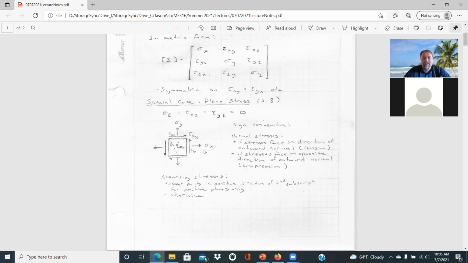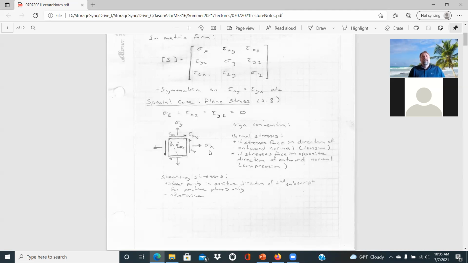If the arrow faces away from the element, it's a positive stress, essentially pulling. If it's facing inward, it's a negative or compressive stress. Or if you have it drawn like this and sigma X comes out negative, you know it's acting in the opposite direction, inward, which tells you it's compressive.